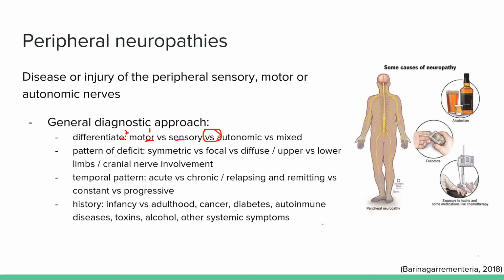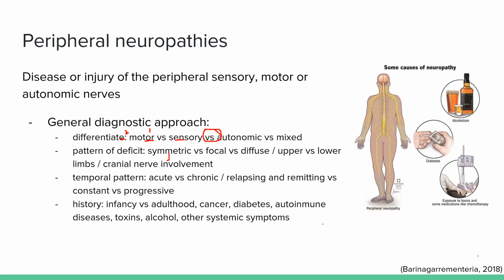The pattern of deficit is also important to differentiate if it is symmetric, focal, or diffuse affectation, if there is mainly upper or lower limb affectation, and if there is cranial nerve involvement.